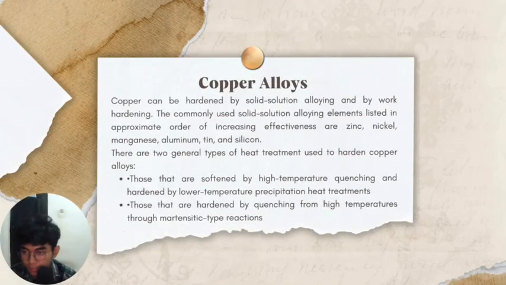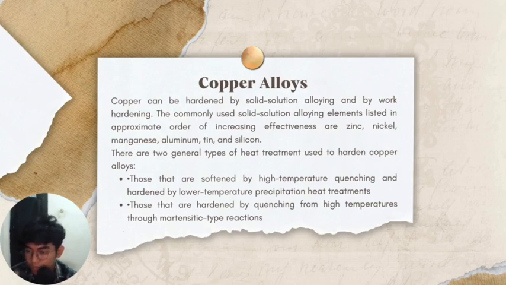Copper alloy. Copper can be hardened by solid solution alloying and by work hardening. The commonly used solid solution alloying elements, listed in approximate order of increasing effectiveness, are zinc, nickel, manganese, aluminum, tin, and silicon.